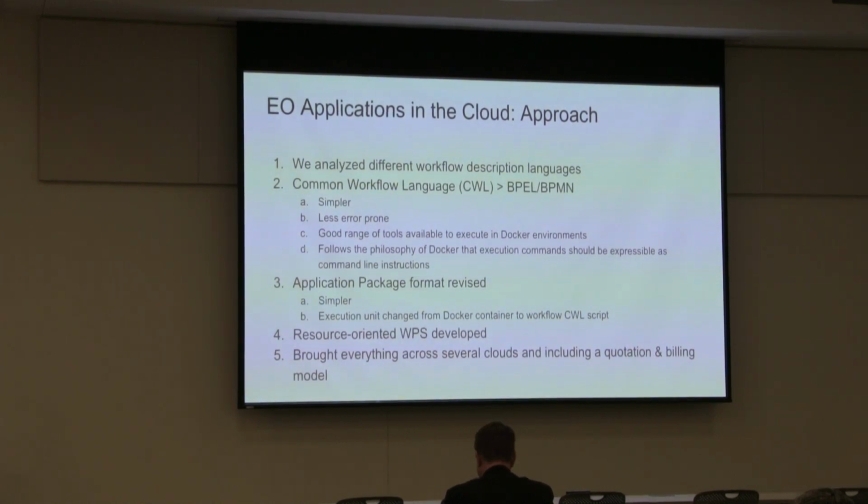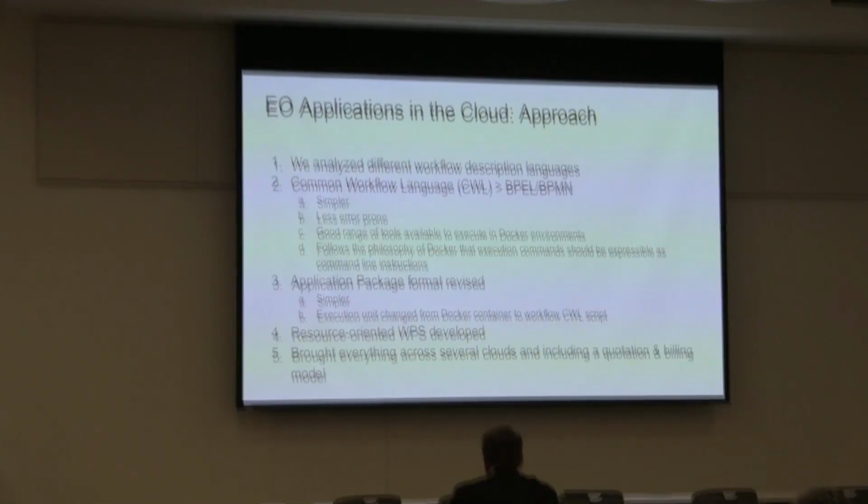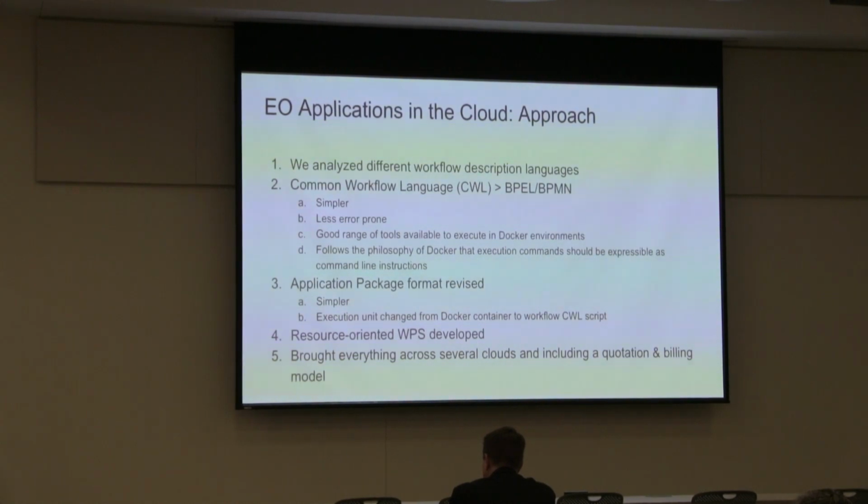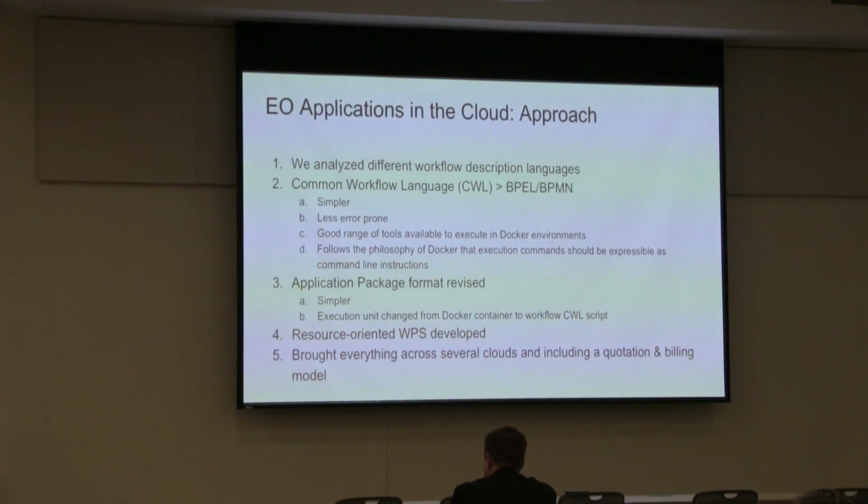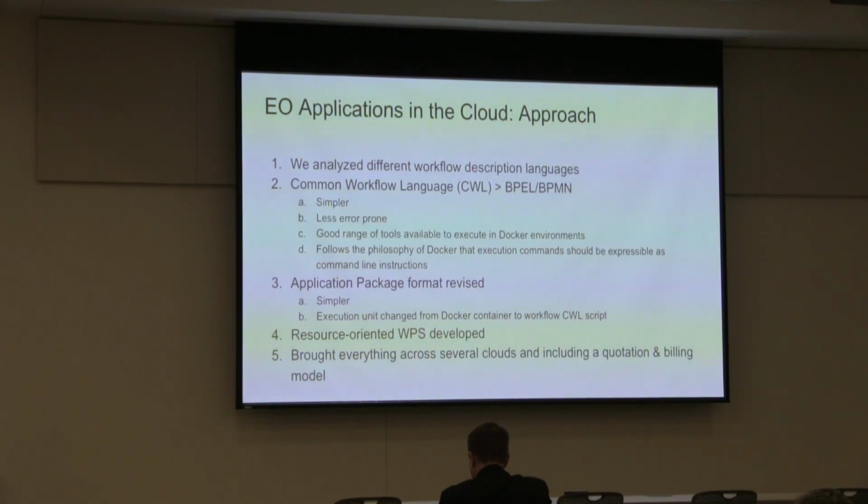So the application format was revised, so it was made simpler than the work that was done in the previous Testbed, and a resource-oriented architecture for the WPS execution was also developed. And at the end we also had the model where we were able to provide information about quotation and billing when we want to run these workflows across different nodes.